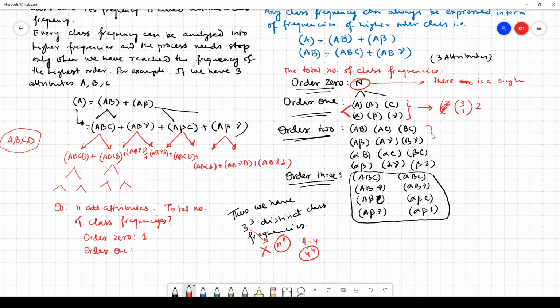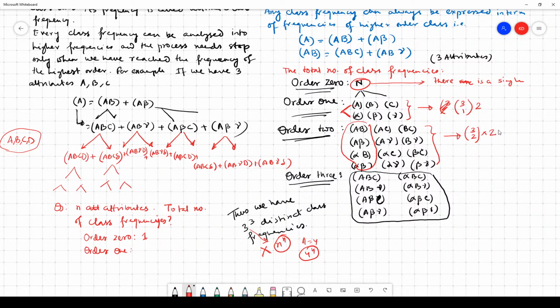Similarly, for order 2, you have 3 attributes. Among 3, you choose any 2 in 3C2 ways. Now you see that these 2 attributes have 4 possible choices, because both are present, one present and one absent, and both are absent.